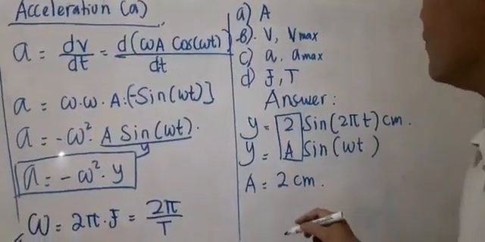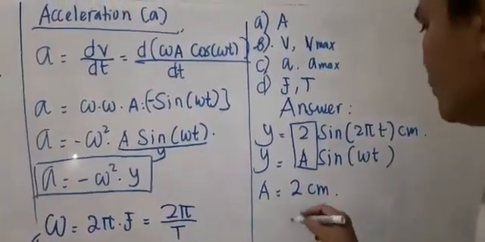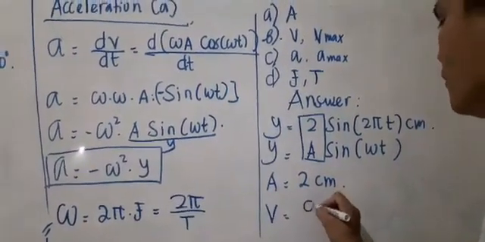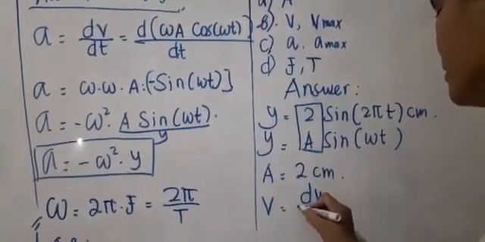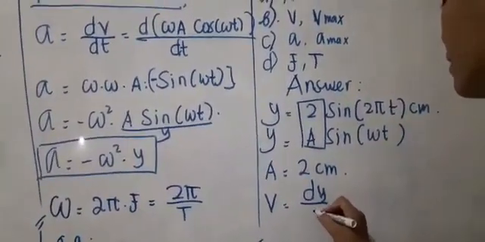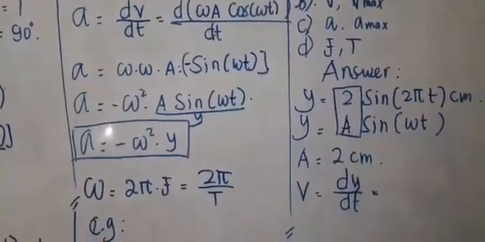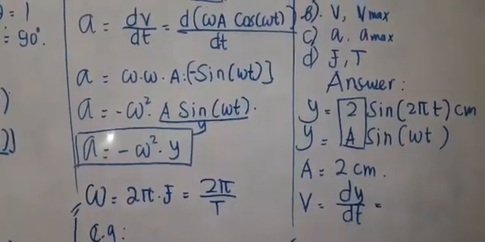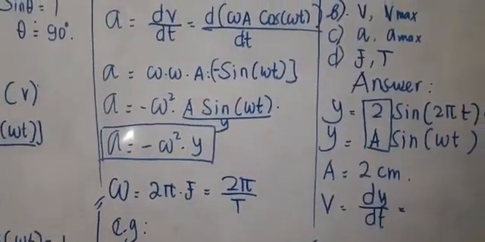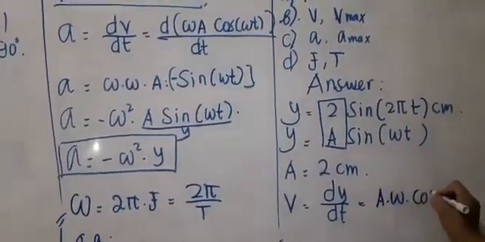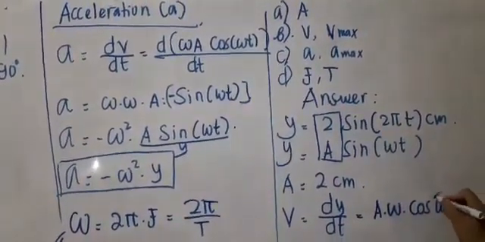The next is v. v is the first differential of the deviation, so v = A times omega times cos omega t.